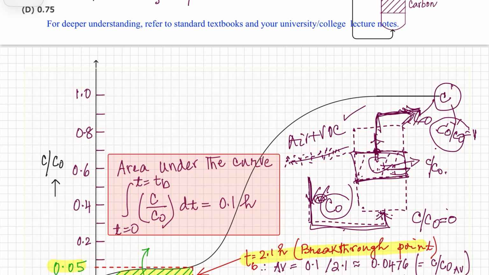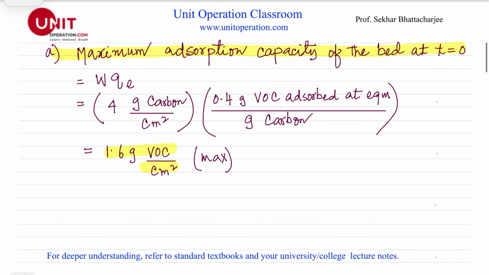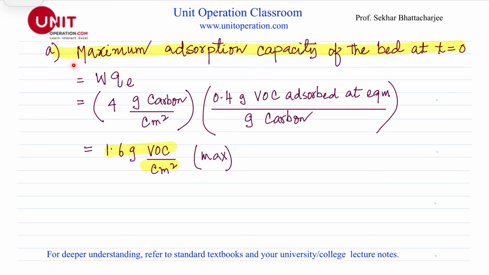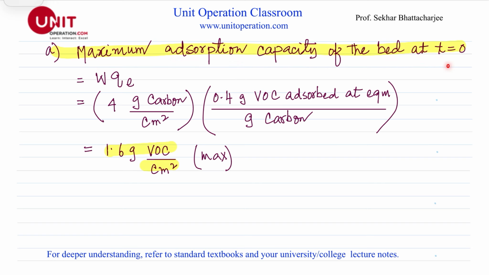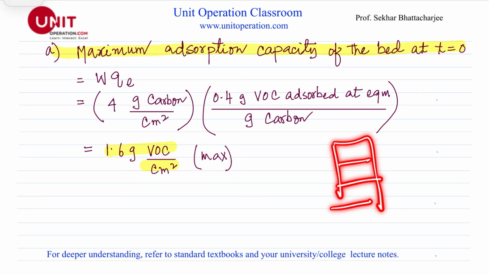Okay, so the way we do it, first, what is the maximum adsorption capacity of the bed at time t equal to 0? Initially, this is W Q V. As we said, in the bed we have 4 grams of carbon per square centimeter.